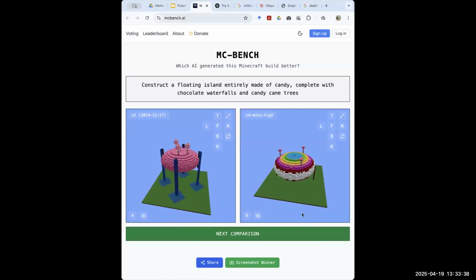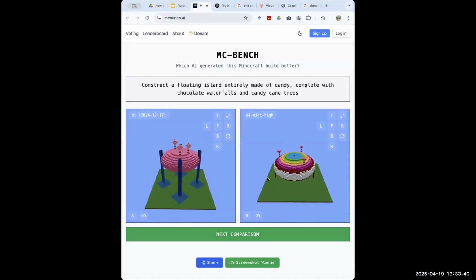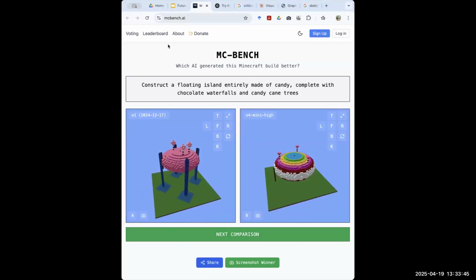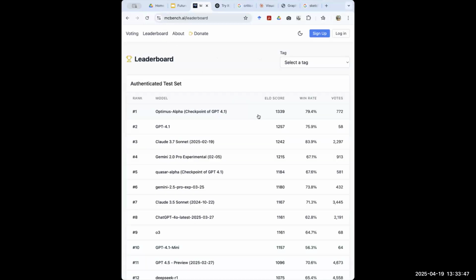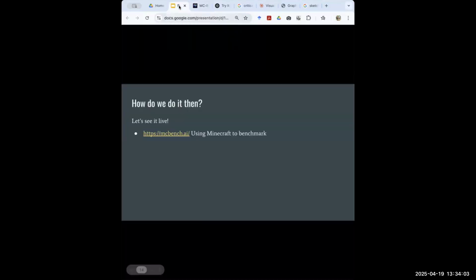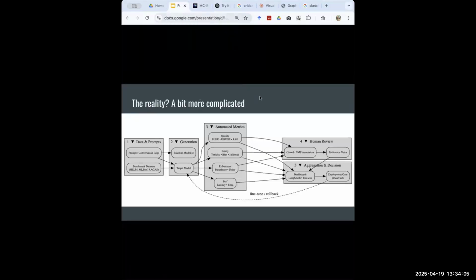A system benchmark like this is a very simple way to visualize the outcome. It has a leaderboard. Let's see, Optimus Alpha 4.1. This is a very interesting concept you can develop yourself with the help of Claude, Lovable, and other platform systems. Now, back to the practice.